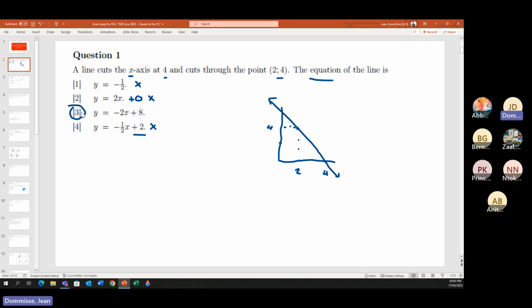But let's follow the principles here as well. The information they give me, I can use to work out m, the slope. Remember, slope is the change in y over the change in x.